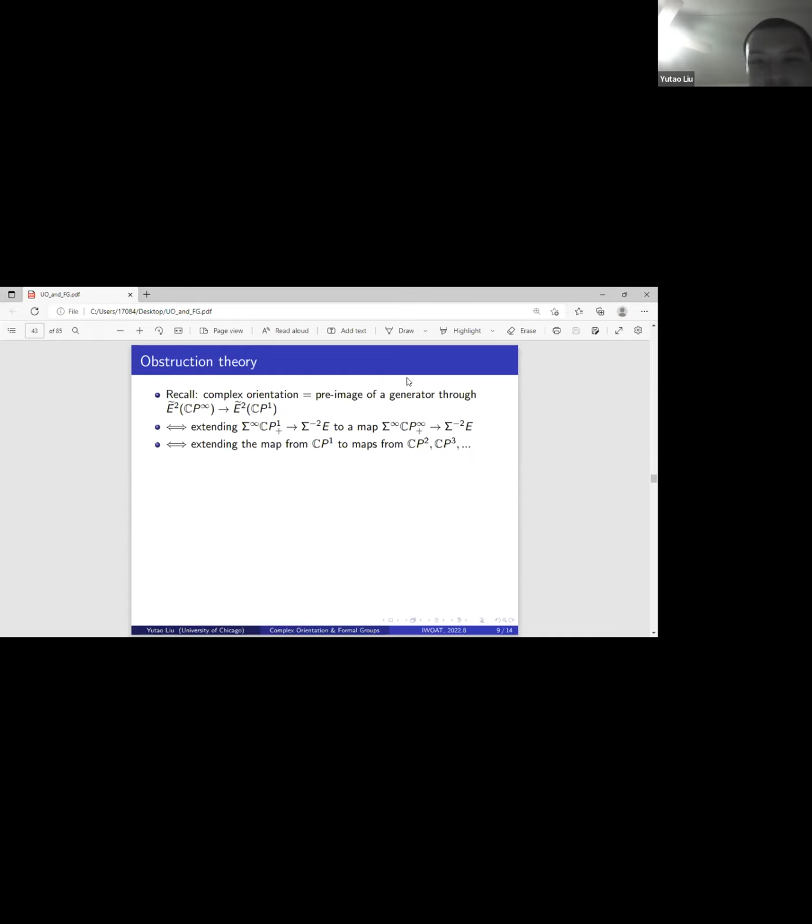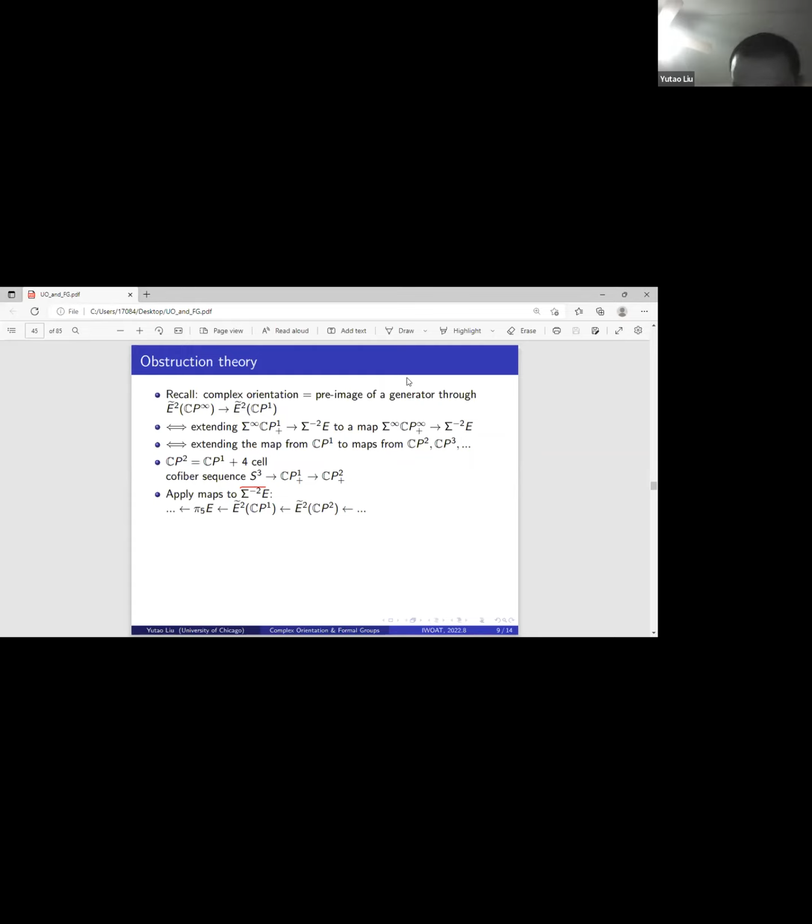If you just consider CP1 and CP2, basically CP2 is CP1 plus one additional 4-cell. So you will have a cofiber sequence between CP1, CP2, and S3, which is the location of the 4-cell over CP1. If you apply the E cohomology, you will have the following long exact sequence.